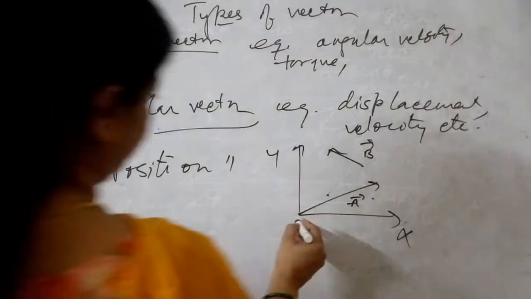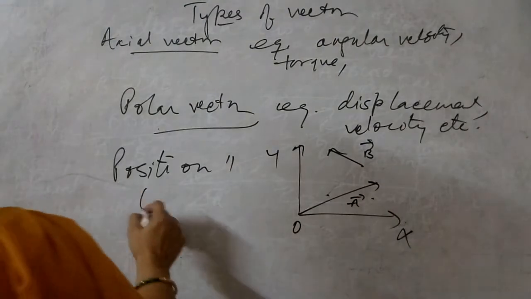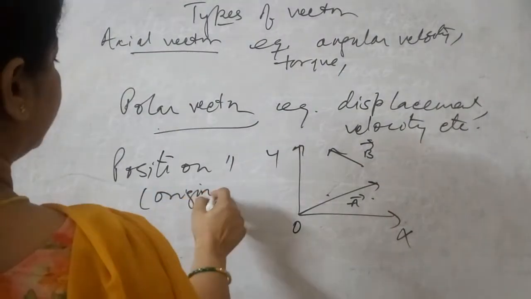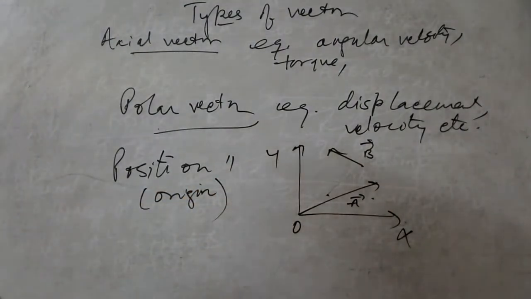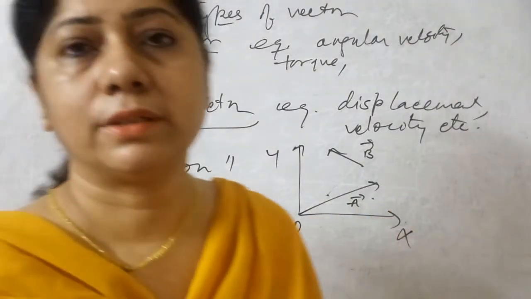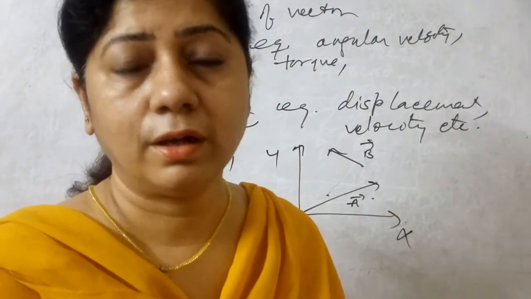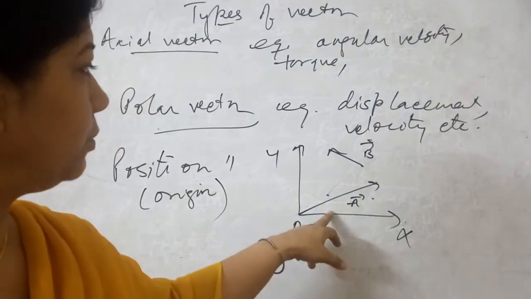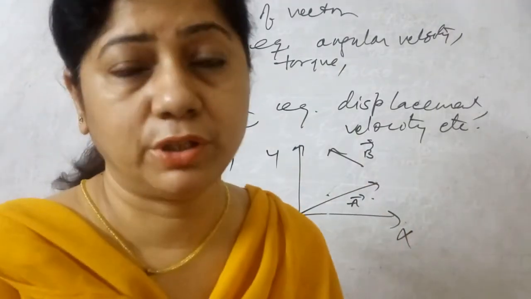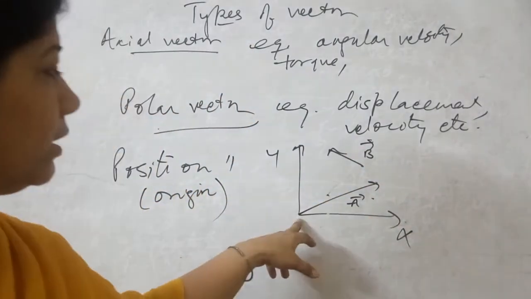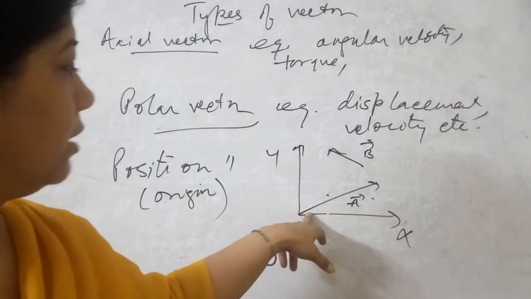Any vector which is linked with the origin is known as a position vector. In the given figure, vector A is the position vector, but B is not a position vector because it is not linked with the origin.